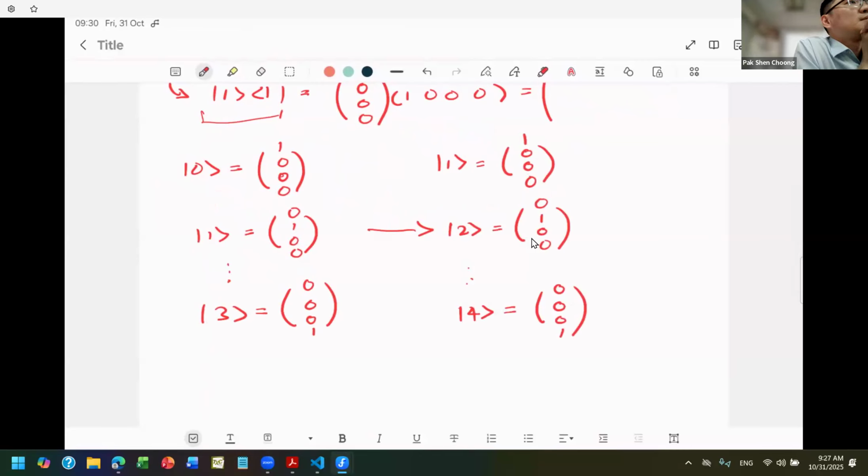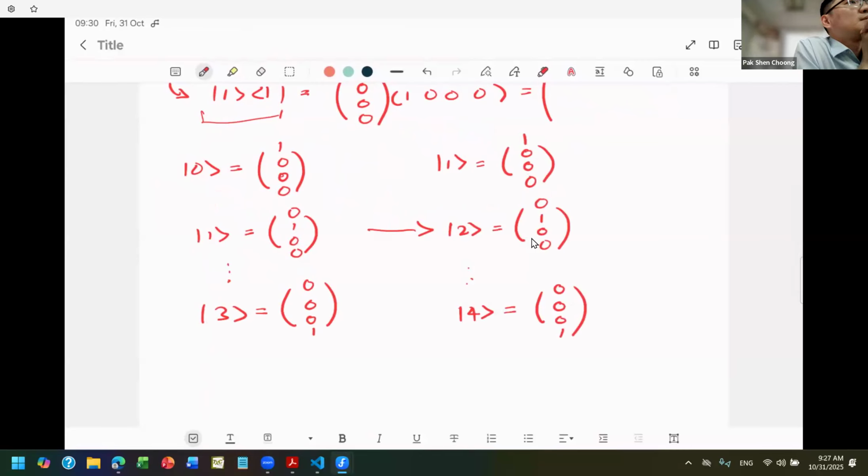Then this will be 2, 1, 2, 1 will be omega squared.